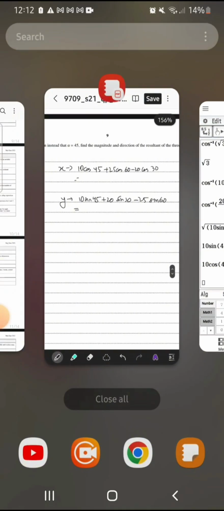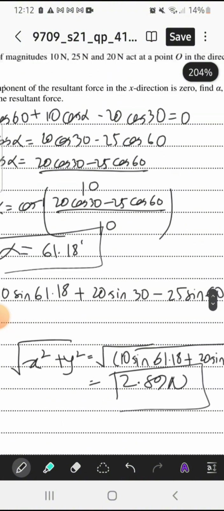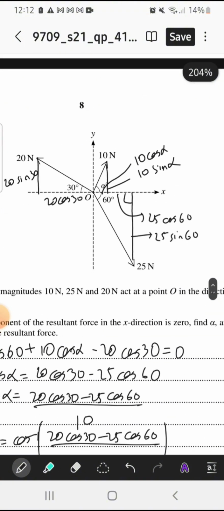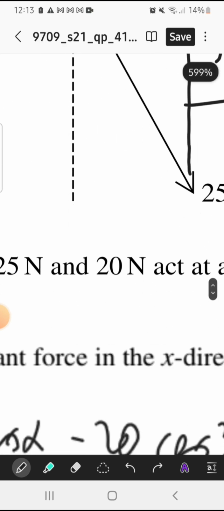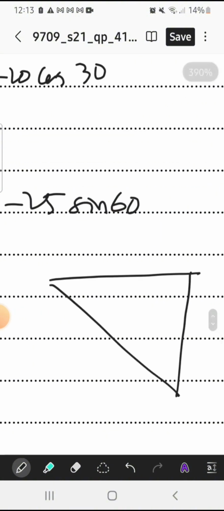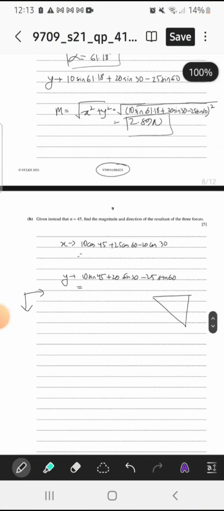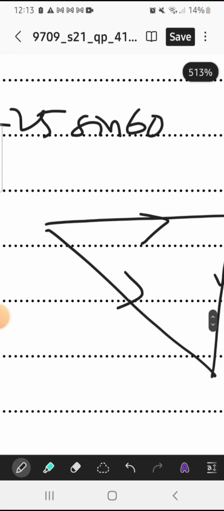So it means that it's going to be underneath, in the third quadrant. So our right-angle triangle will kind of look like this. It's going to go underneath in the downward direction while moving towards the right. So it's going to look like this.